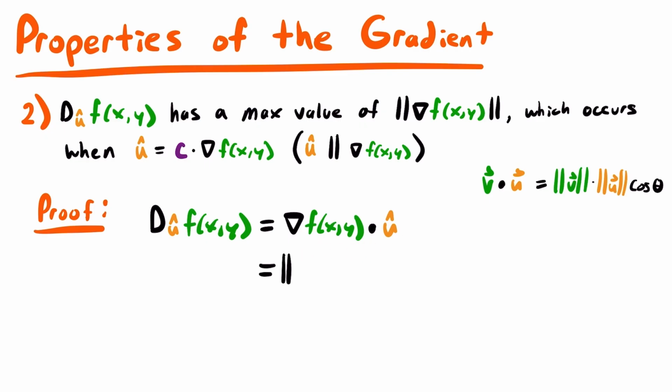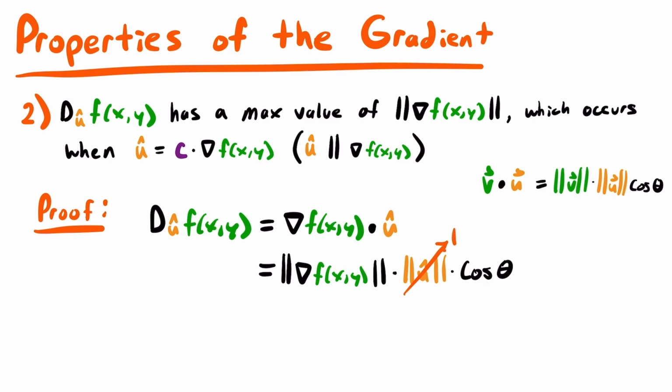Okay, so applying this formula to this dot product, we can also say that the directional derivative is equal to the magnitude of the gradient vector, del f of xy, multiplied by the magnitude of u, the unit vector, and then multiplied by cosine of theta, the angle between those two vectors. But remember, u is a unit vector, which by definition means that its magnitude is 1. So this can be eliminated.